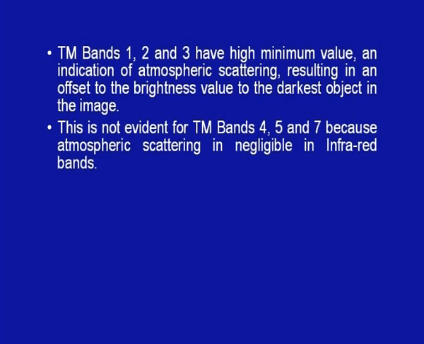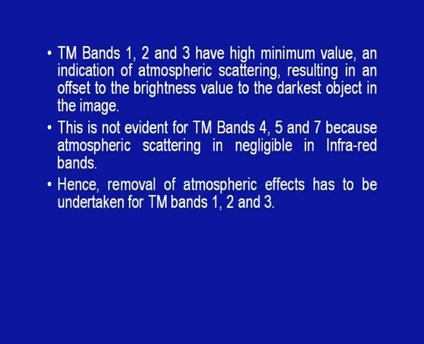This is not evident in TM bands 4, 5 and 7 because atmospheric scattering is negligible in infrared bands. Hence, removal of atmospheric effects has to be undertaken for TM bands 1, 2 and 3. Well, this is a very conclusive decision or information that one has now derived.